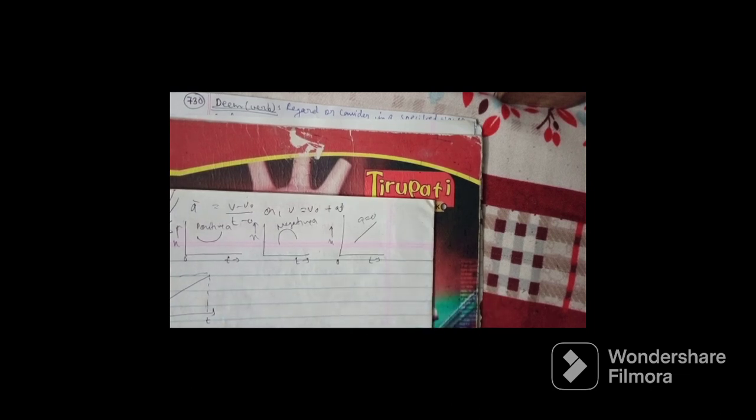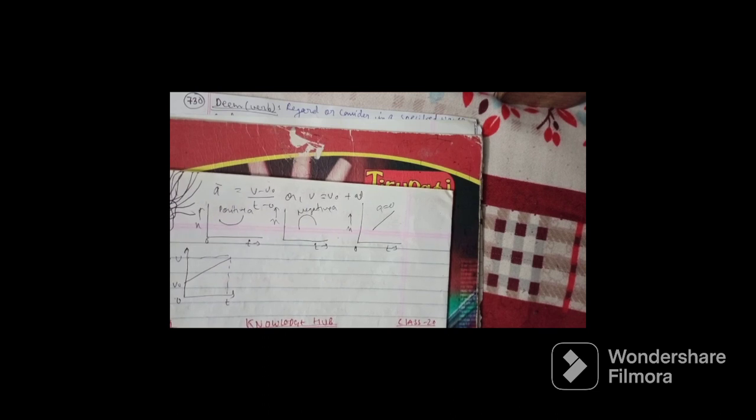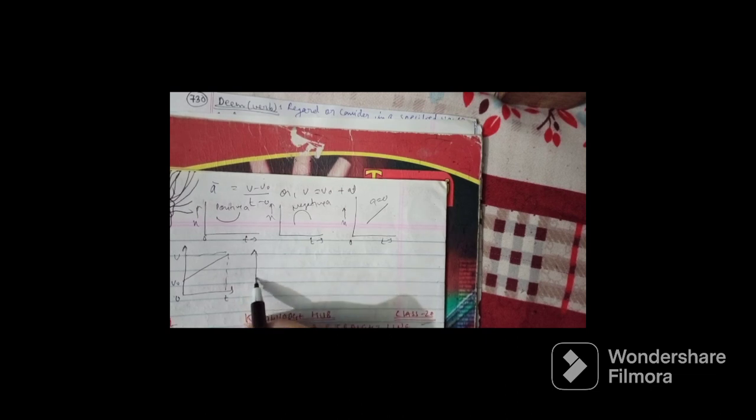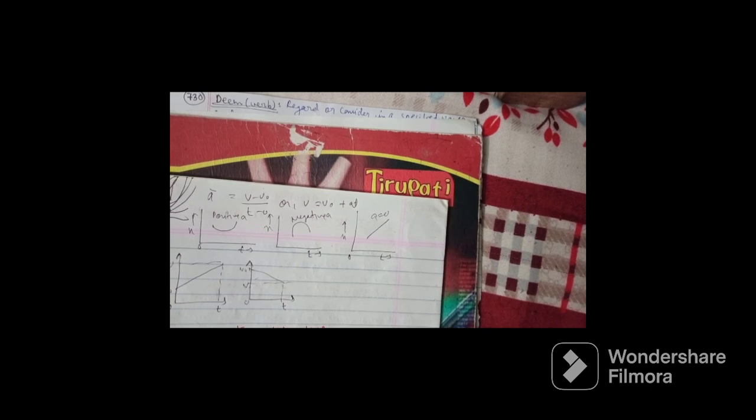Now for the second case, what we'll have here is as follows. This is t, v0, and v naught. For that, this is V0. This is the retardation one, and that is what we'll discuss.